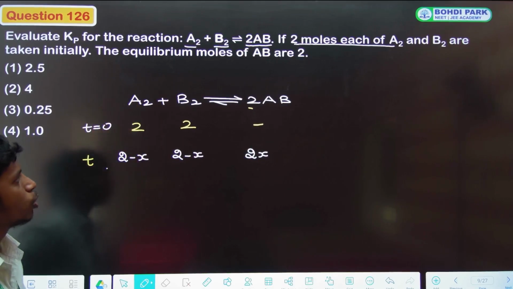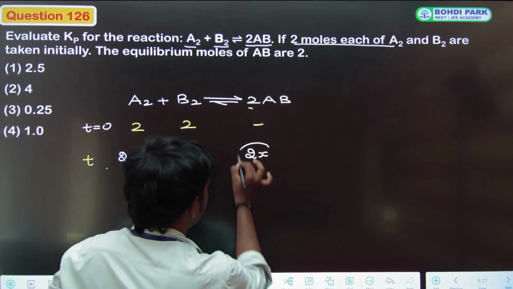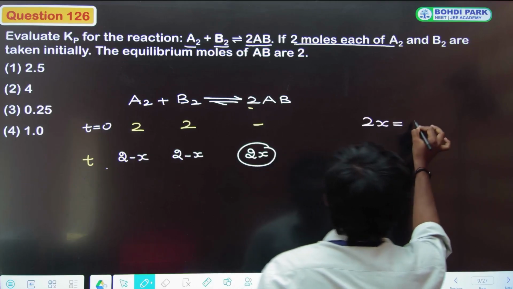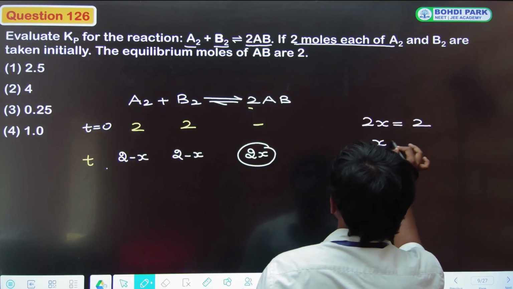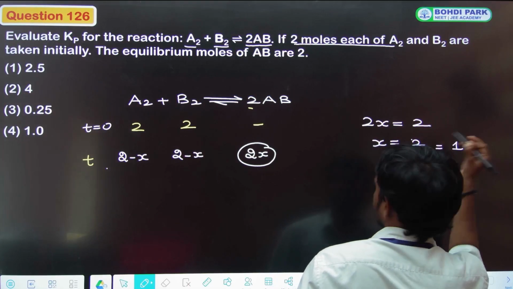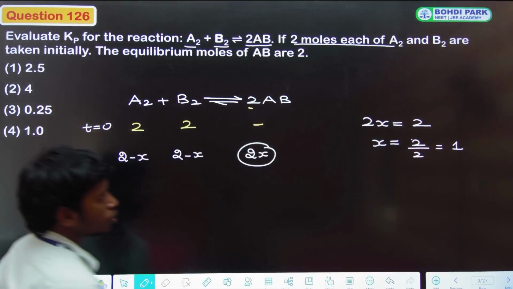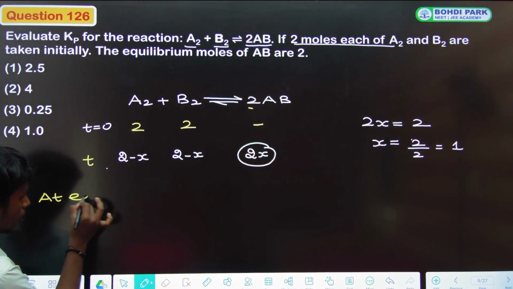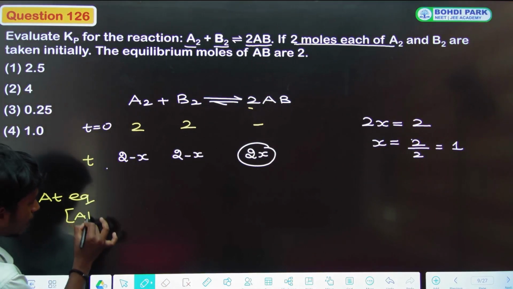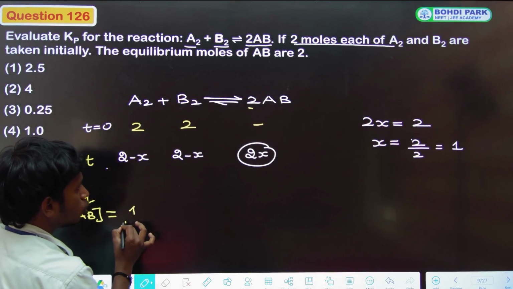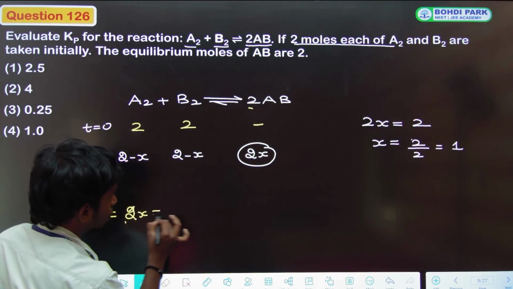moles of AB is given. Okay, equilibrium moles எவ்வளவு 2x. 2x ஓட வேல்யூ கொடுத்துட்டாங்க. எவ்வளவு கொடுத்திருக்காங்க? 2 னு கொடுத்திருக்காங்க. Then x value is equal to 2 by 2, which means 1. Okay, x ஓட value 1. அப்போ at equilibrium, the concentration of AB is equal to 2x, that is equal to 2.